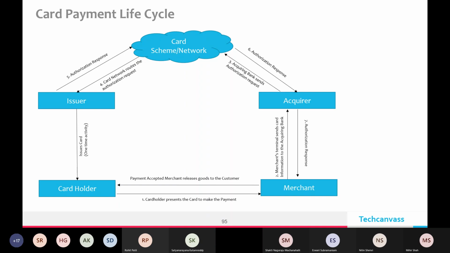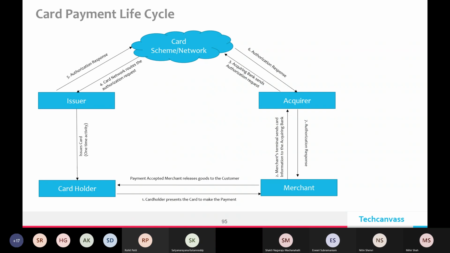At midnight 12 o'clock, the settlement batch runs, where the merchant gets all the information of what transactions customers have done with the merchant, and how much amount the merchant is supposed to receive. So that information gets submitted to the acquirer.